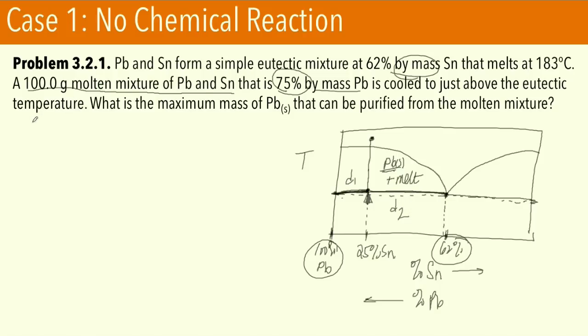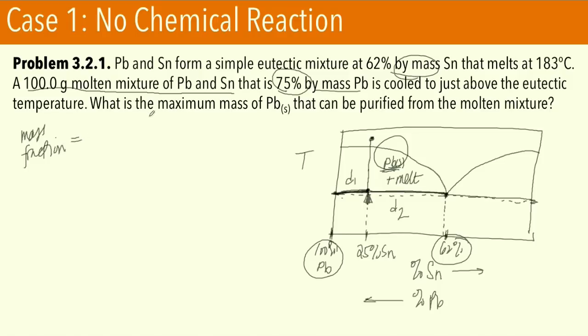Now what we're interested in is getting the amount of our solution that went into the lead solid phase. Note, however, that our problem is in terms of mass now, so we could get the mass fraction instead.